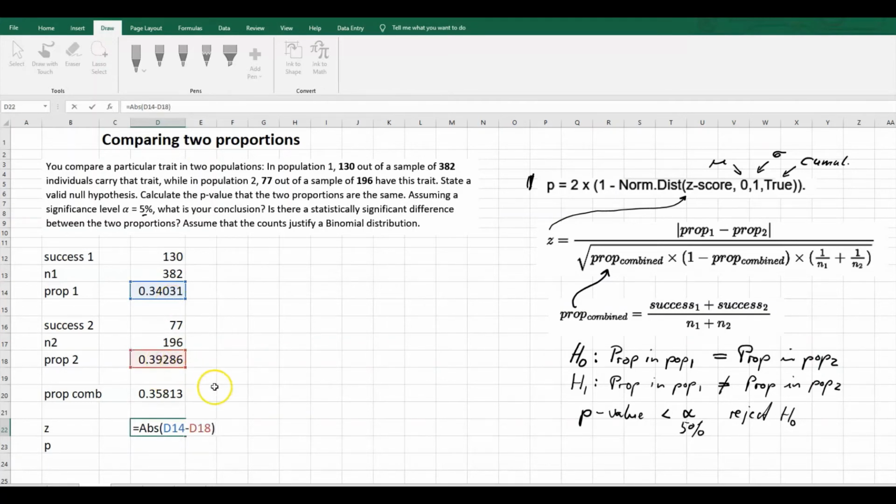So that's our numerator here. And now we divide it by the square root.